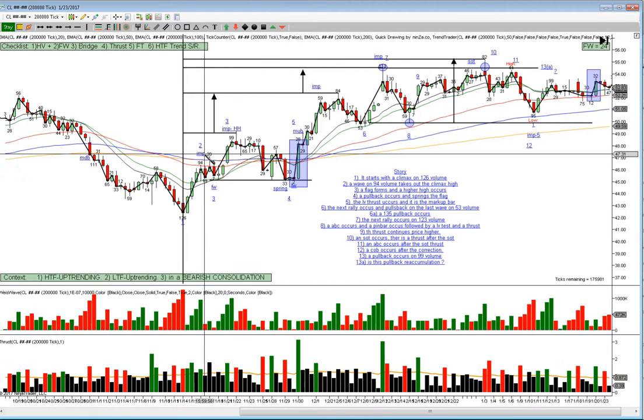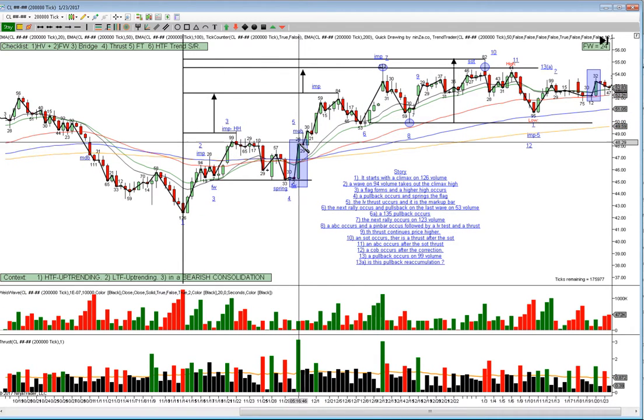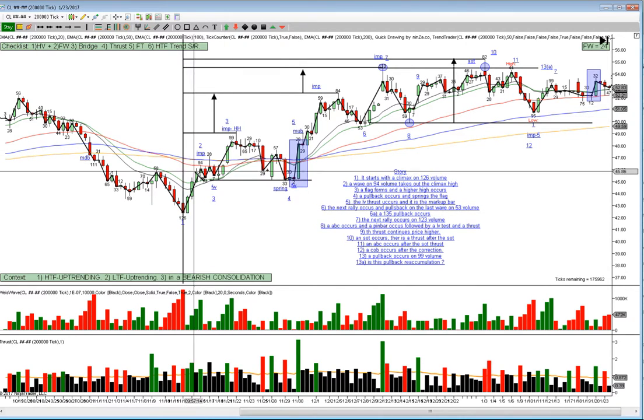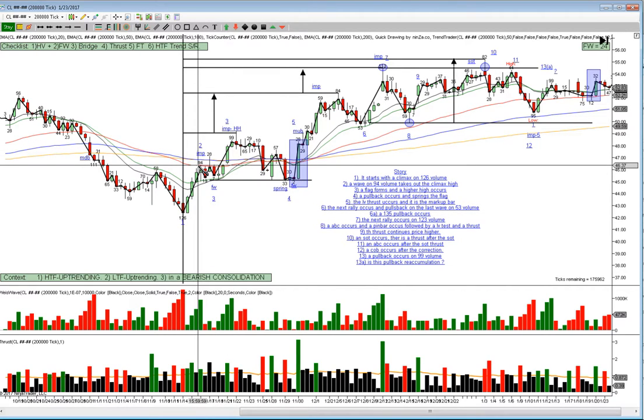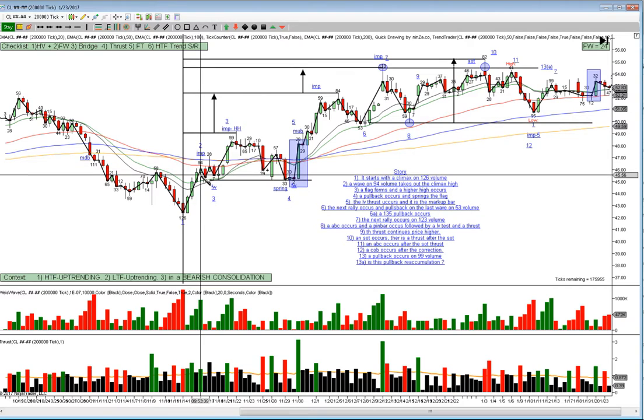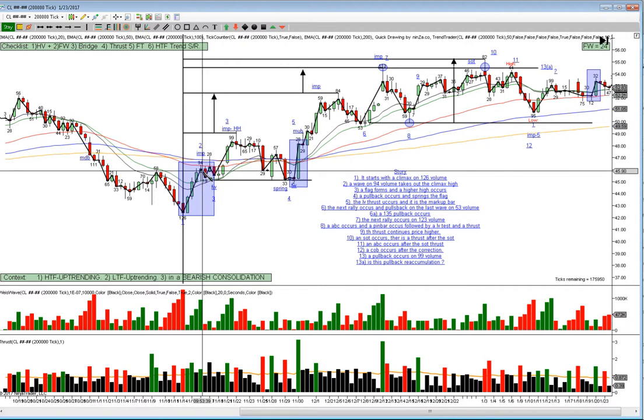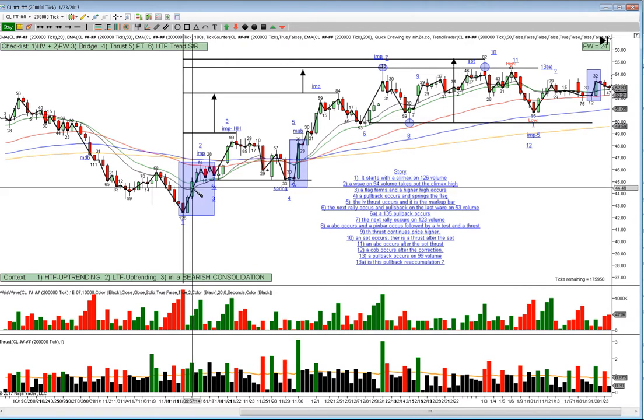The key things to remember is that this was no normal breakout. These are accumulation backed breakouts, meaning there are different types of breakouts. There's breakouts that are just going over a certain level. Those breakouts don't really mean much. What you want to see is accumulation or distribution backed breakouts, meaning in the background there is buying. 1, 2, 3, 4.